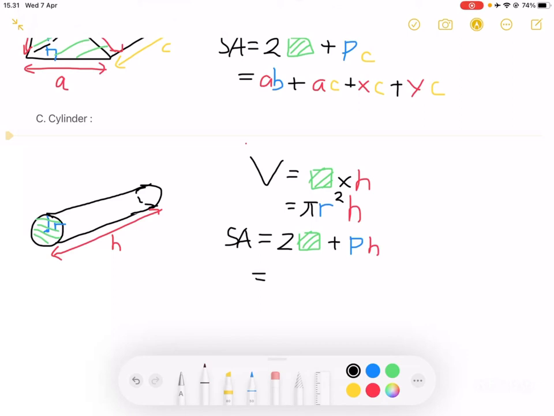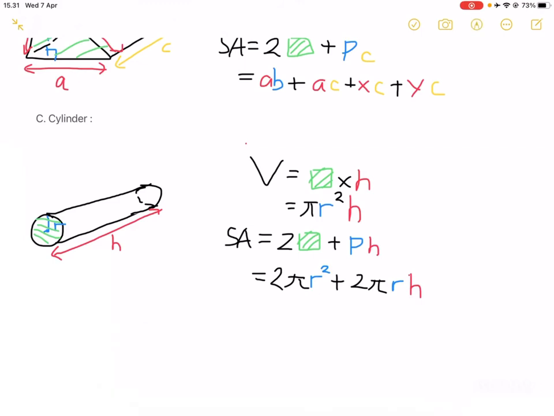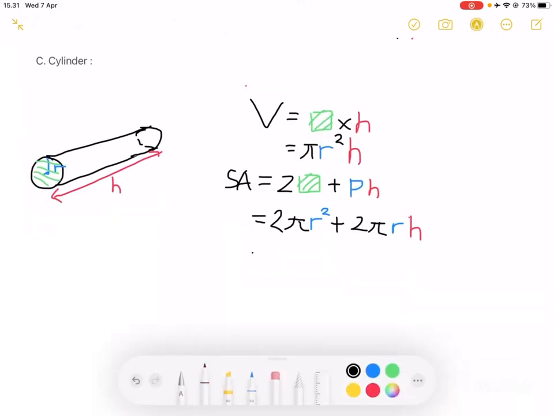So notice that the area of the green region is a circle and its formula will be pi r squared, so 2 times pi r squared, plus the perimeter of a circle, which is defined as 2 pi r. So 2 pi r times h. Notice that we can factor out a 2 pi r out of here, so we have 2 pi r times in brackets r plus h. And that is pretty nice.